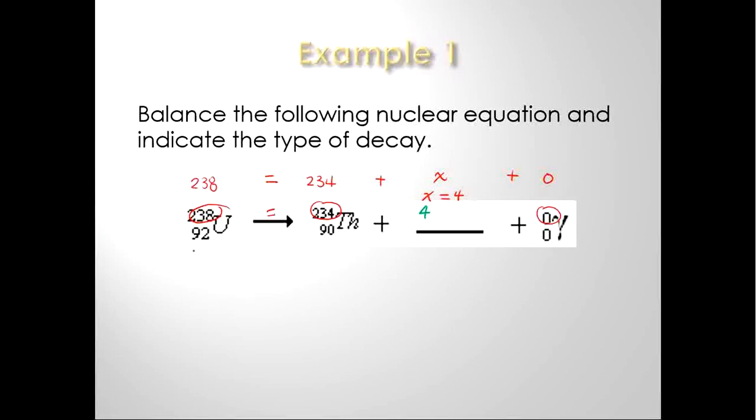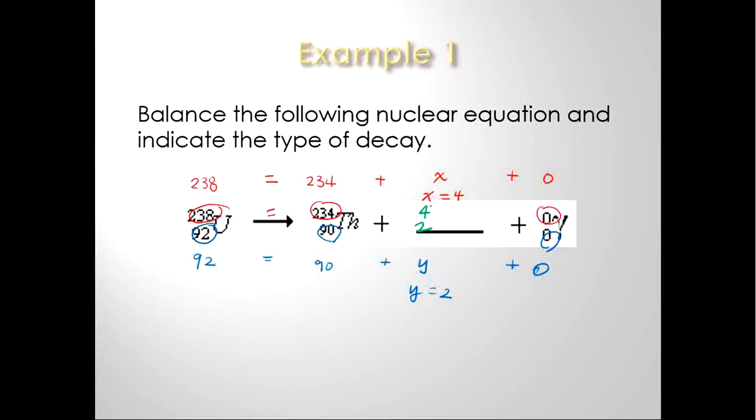Next, we'll take the bottom part of our nuclear reaction. So in this case, we have 92 equals 90 plus y plus 0. So what is y? Y is equal to 2.